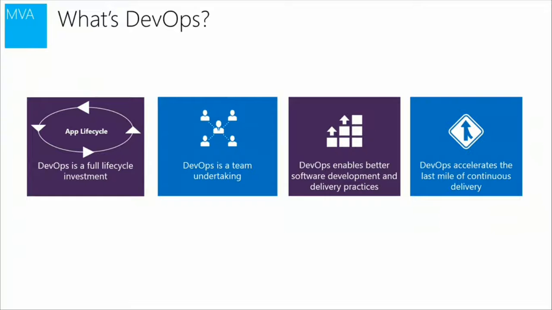And the last area to look at is the ultimate goal that we would like to get to as an enterprise. The fact that if we start to really work within a DevOps movement, we can accelerate that last mile of continuous delivery, ensuring that developers are able to push out changes, feature sets, as quickly as possible, without a negative impact to the user on the other side, or without a negative impact to the operations team who need to support the actual application once it's in production.